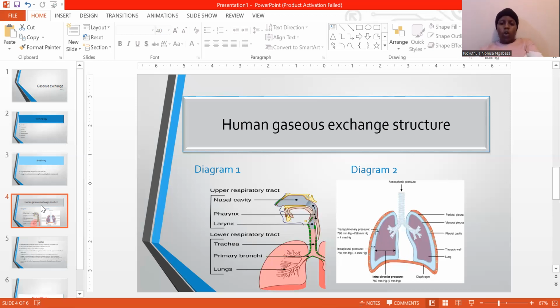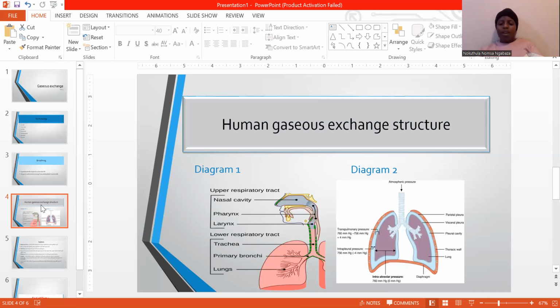It doesn't stop there. Your mucus is also responsible for making sure that your nasal cavity does not get dry. It is also there to keep our nasal cavity moisturized.